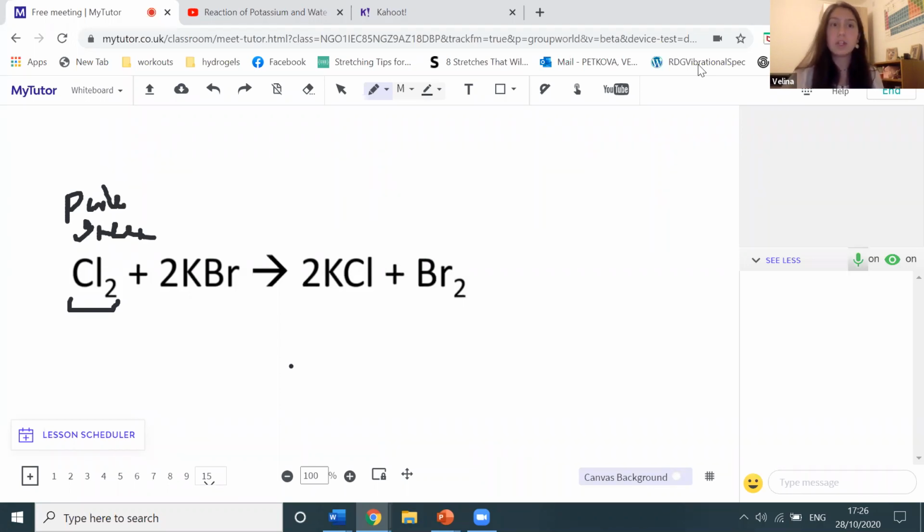Brilliant. So it's going to go from pale green to yellow because chlorine is more reactive. So we've reformed bromine, which has a colour of yellow. Well done to everyone who came up with that answer. Great.